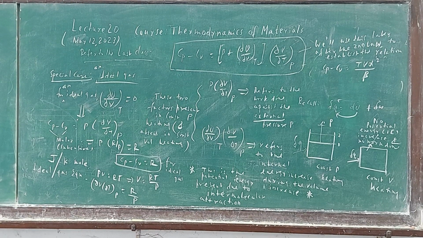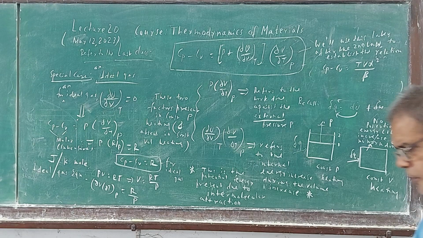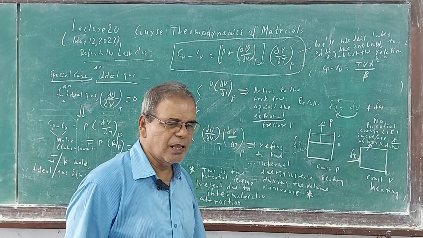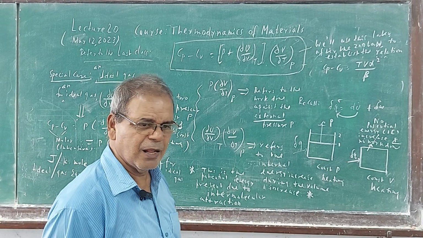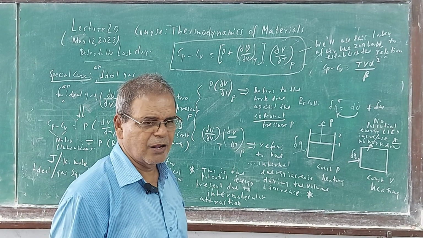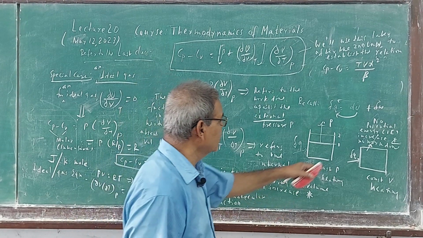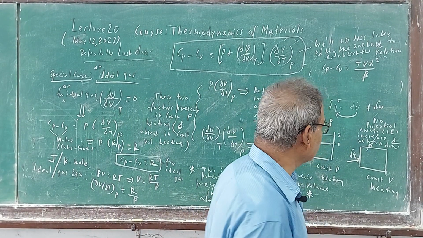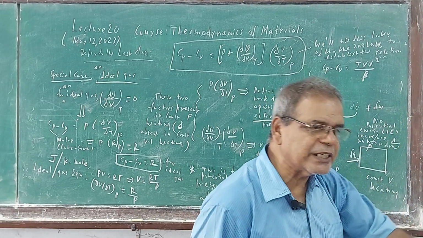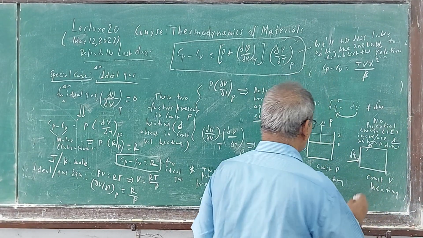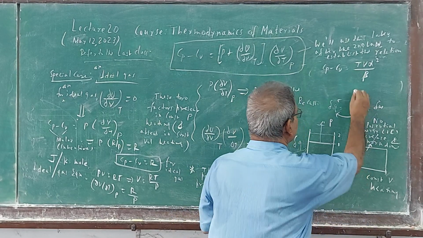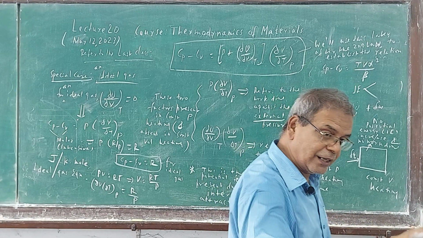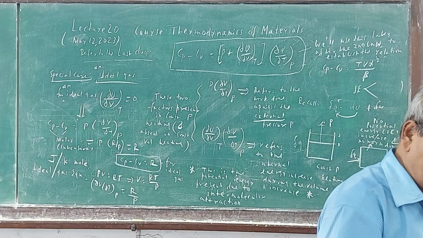You said that in constant volume heating there is no internal energy increase in the potential form. Very good. Internal energy has two forms; kinetic will be there because temperature is rising.